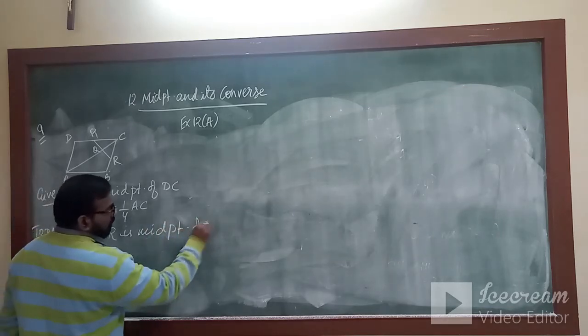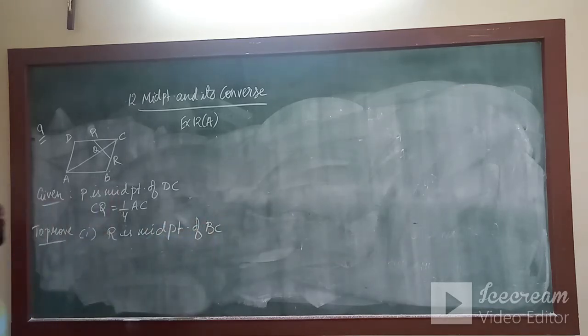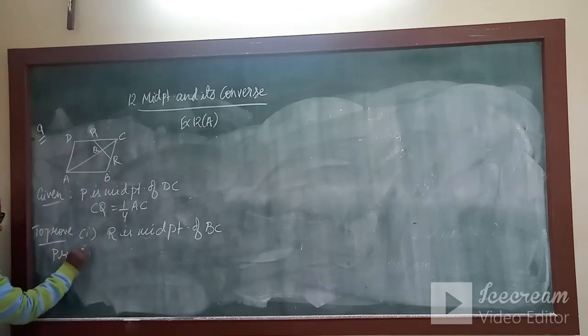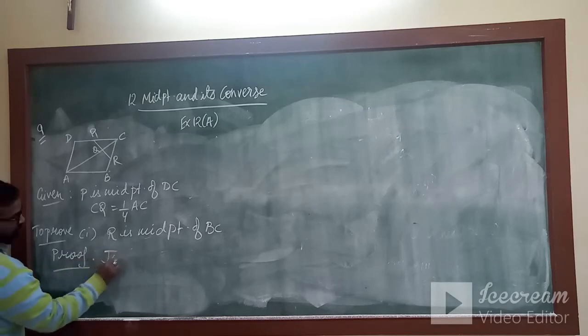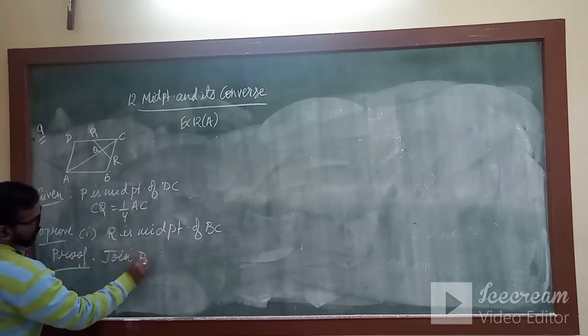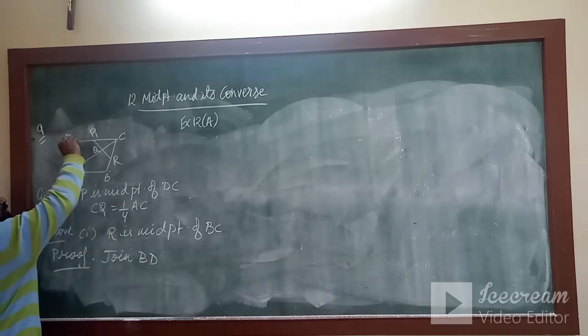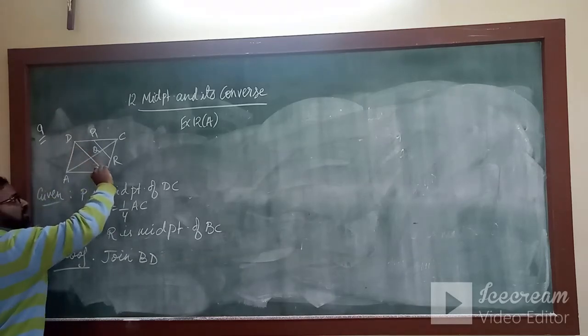R is midpoint of BC, that we have to prove. Now again, since we have to prove that R is midpoint of BC, that means somewhere we have to use the converse of the midpoint theorem. So what I am going to do, I will join BD. Okay, I am going to join another diagonal.